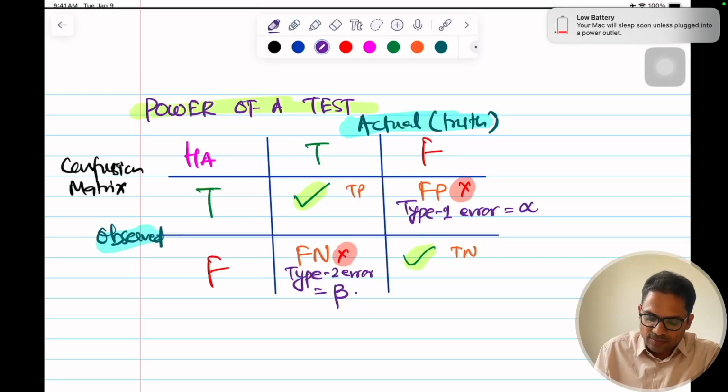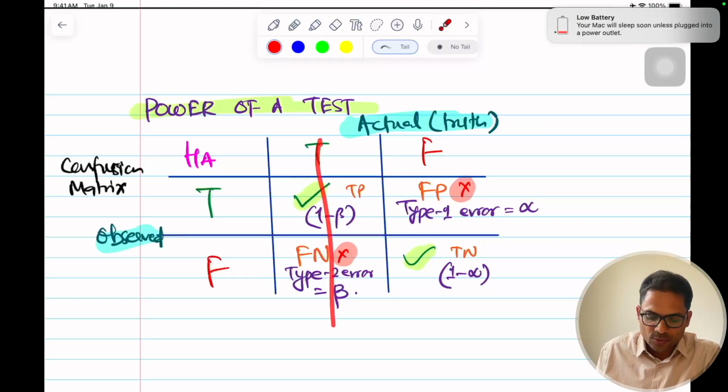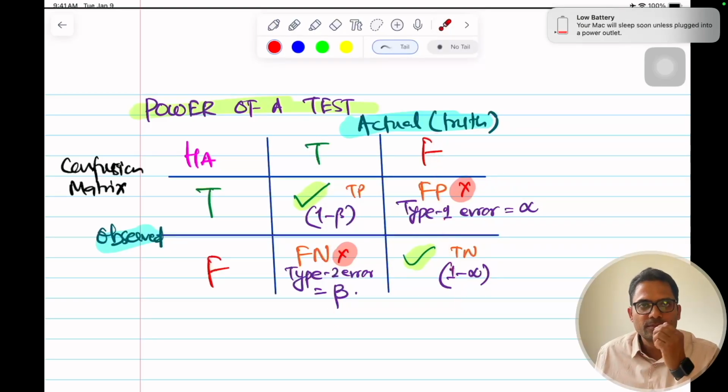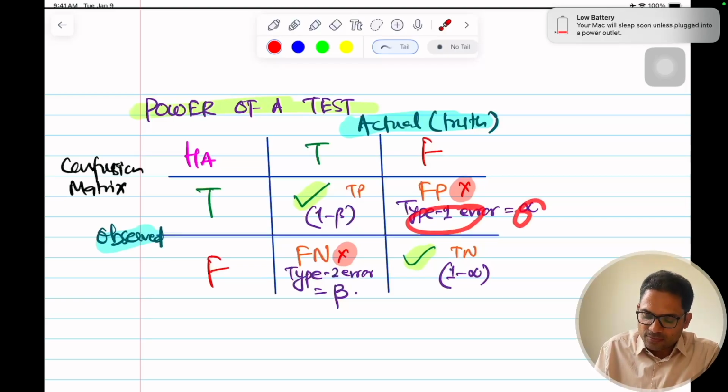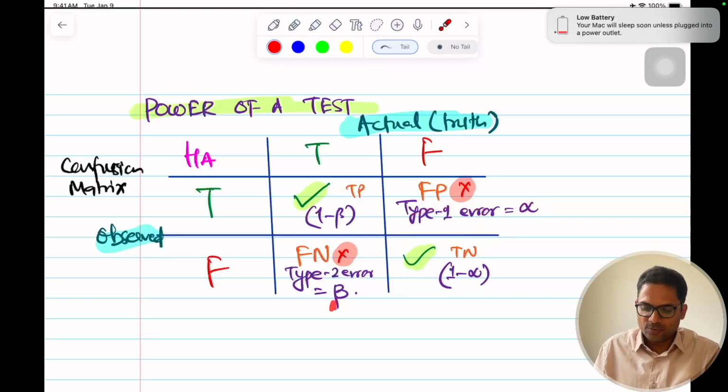If this is alpha and the whole sum is 1, then this will be 1 minus alpha, and this will be 1 minus beta. All this sums up to 1, because there will be total truth and total false.